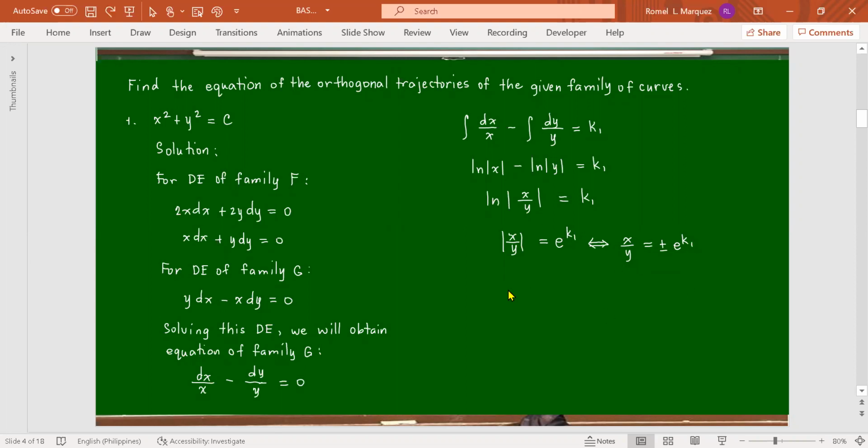Solving for y, we have y is equal to x over plus or minus e to the k1. For simplicity, since plus or minus e to the k1 is just a constant, we can represent 1 over plus or minus e to the k1 by k. Hence we have y is equal to kx.